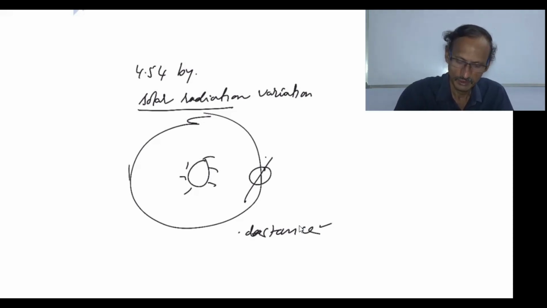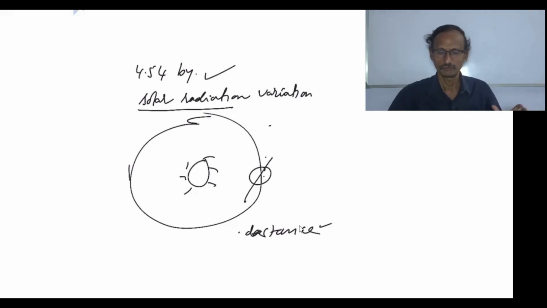So this is not perfectly circular, it is elliptical and a changing ellipse because of influences from other planets and the tilt. So from the beginning of the Earth, there is a variation in solar radiation, which results in differences in temperature.